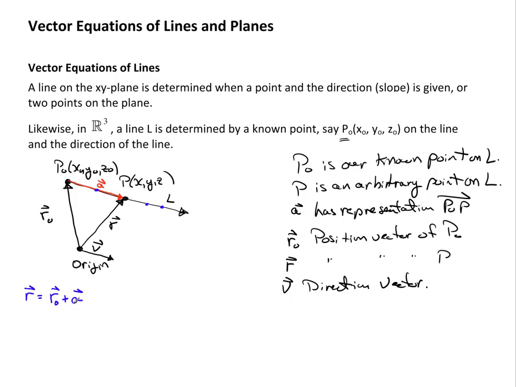So what that means is that there must exist t, which would be a real number, such that vector A is equal to t times the direction vector V. So there's some value of t such that t times V will give me A. And obviously t, because it's a real number, is a scalar.